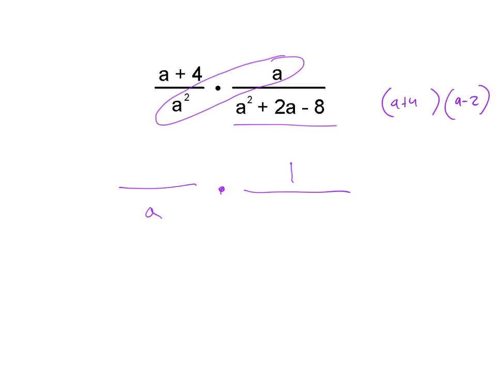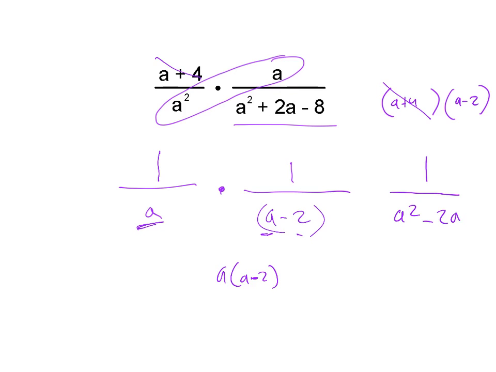And so notice then, if that's the bottom right, we can cancel out an a plus 4. So this just becomes 1, and all that's left on this bottom is a minus 2, right? So now if we multiply across, we get 1 over, and then we take this a times both of these parts, right? Because it's really like this is what we're doing. And so we get a squared minus 2a. And there we go.